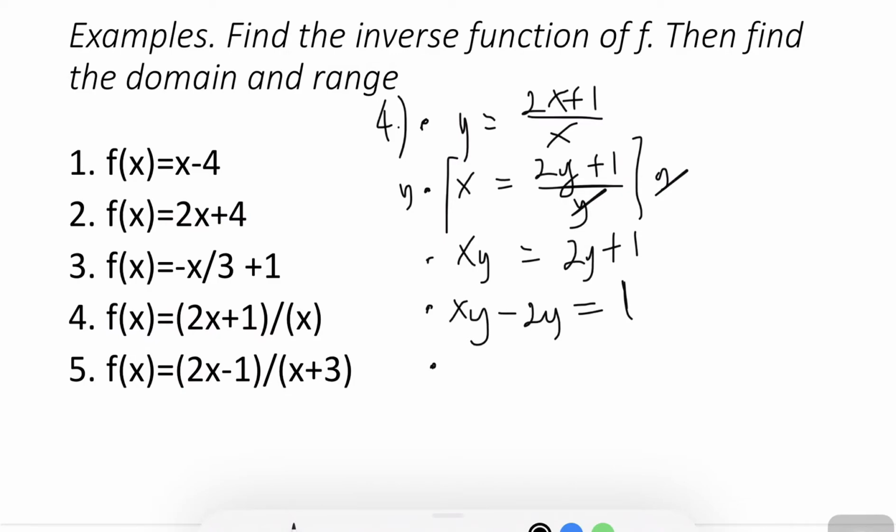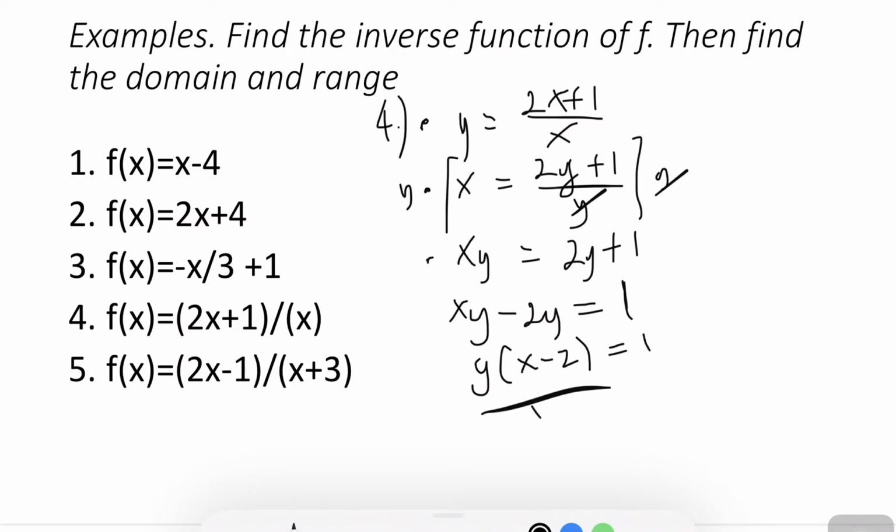Okay, and then since y is common, we can factor out y. x minus 2 equals 1.